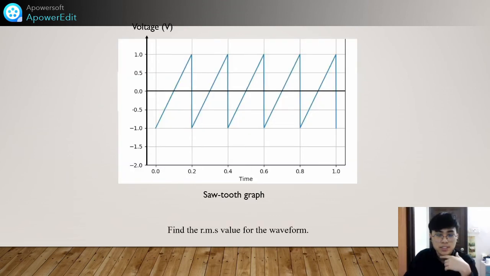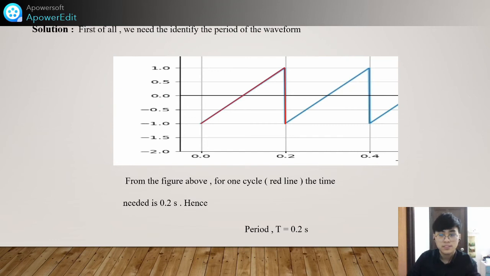This is the example, and this is a sawtooth graph, and we are asked to find the RMS value for this graph. First of all, we need to identify the period of the waveform. This red line means one cycle, so to complete one cycle we use 0.2 seconds.